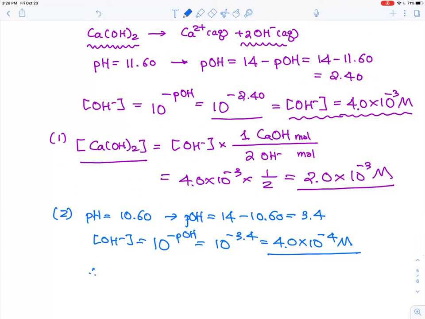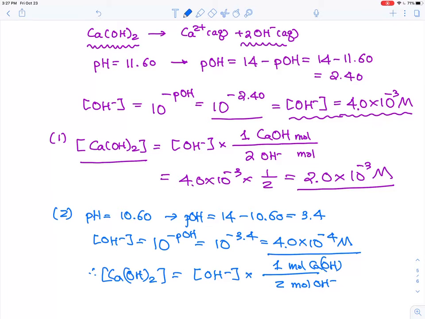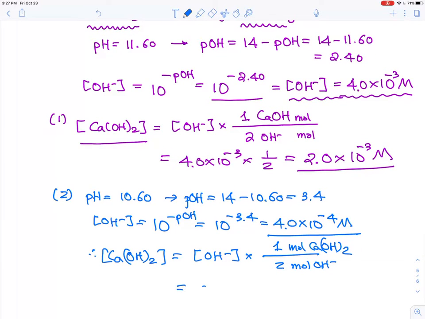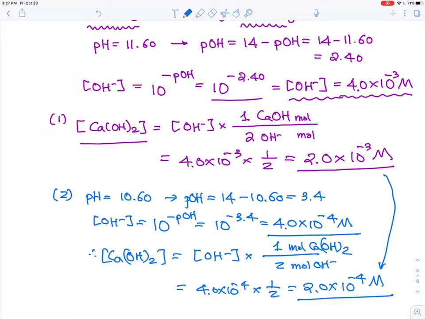Therefore, the Ca(OH)2 molar concentration is half of the OH minus concentration, since 2 moles of OH minus come from 1 mole of Ca(OH)2. So 4.0 times 10 to the minus 4 times half is 2.0 times 10 to the minus 4 molar. So that's the new concentration after you dilute it.